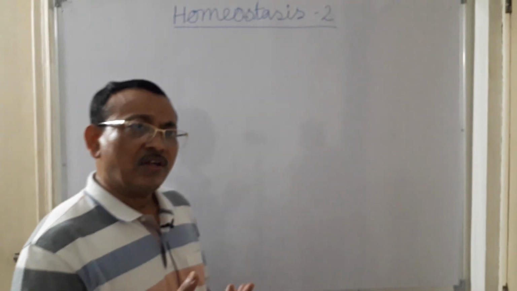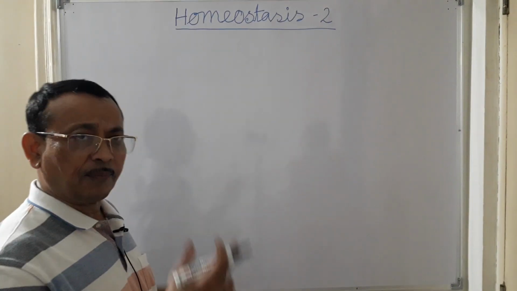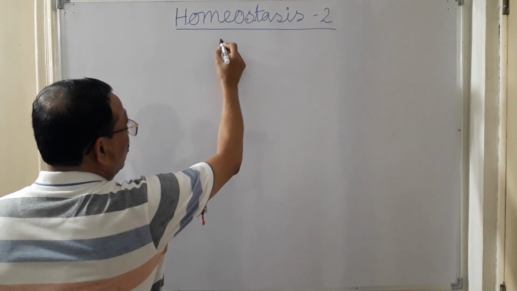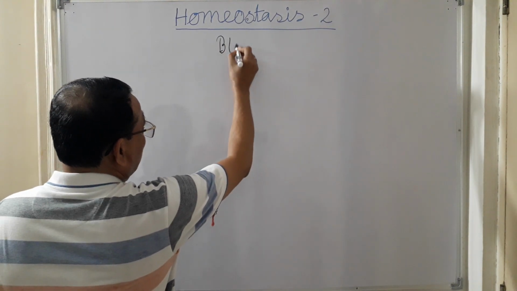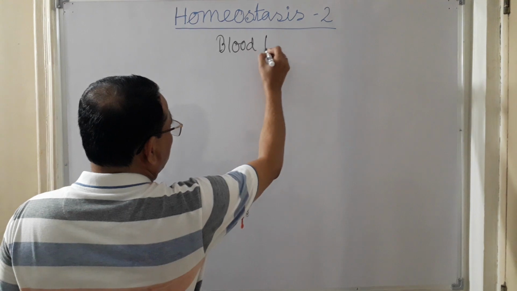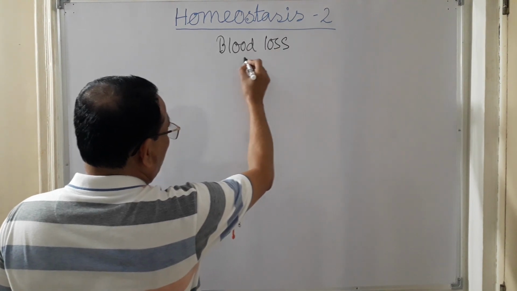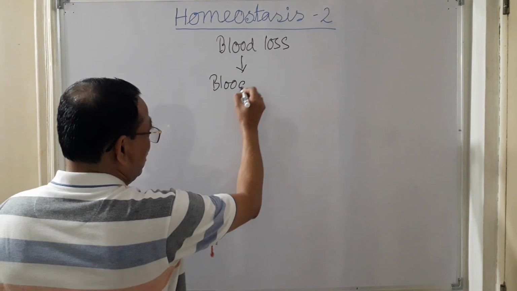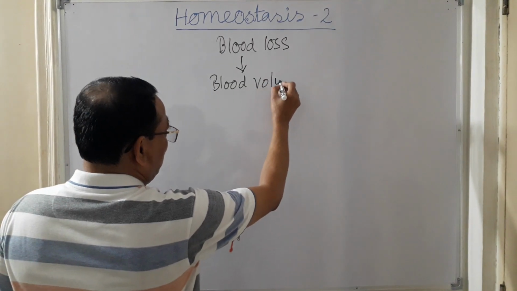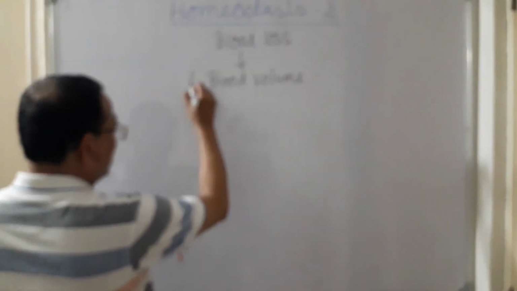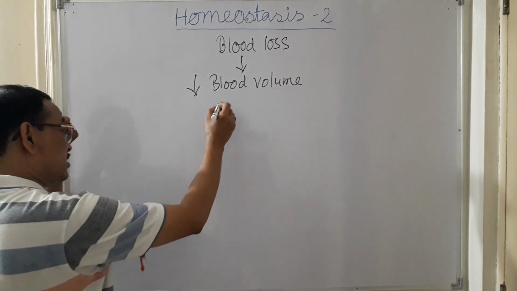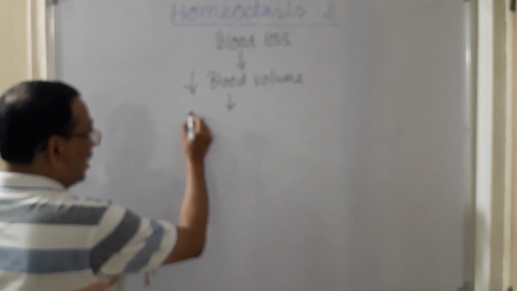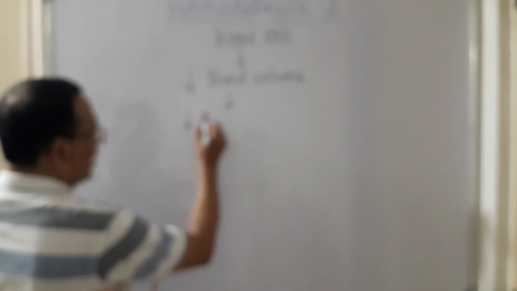So in that second person, what happened? As I told, there is a blood loss because of the injury. In response to blood loss, the blood volume decreased, and this decreased blood volume ultimately was responsible for a decrease of the blood pressure.